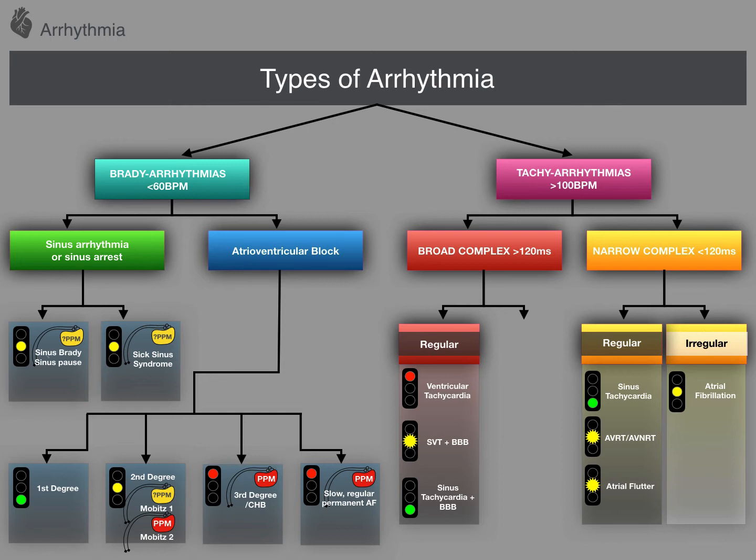If it is a broad complex tachycardia and the rhythm is regular, the first thing that should spring to your mind, and what the ECG should be considered to be unless proved otherwise, would be ventricular tachycardia. If the QRS is broad and the rhythm is irregular, the diagnosis to exclude before you do anything else is ventricular fibrillation.